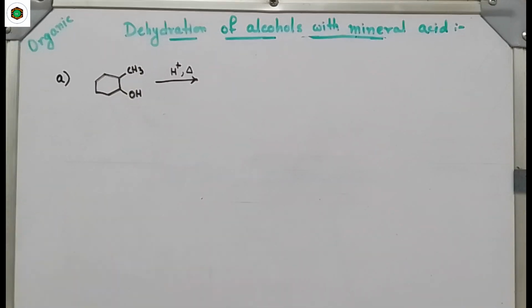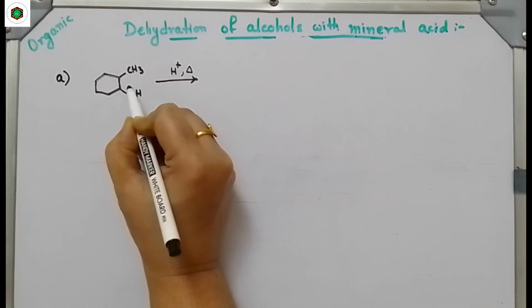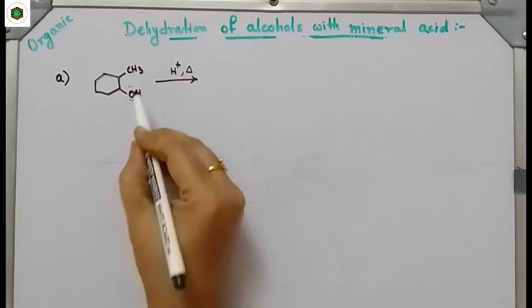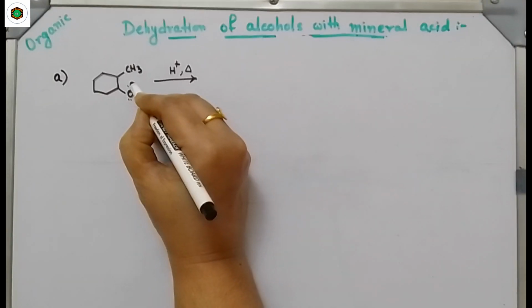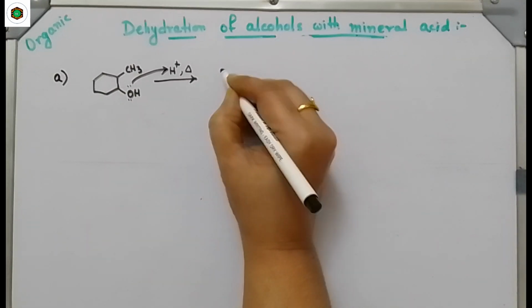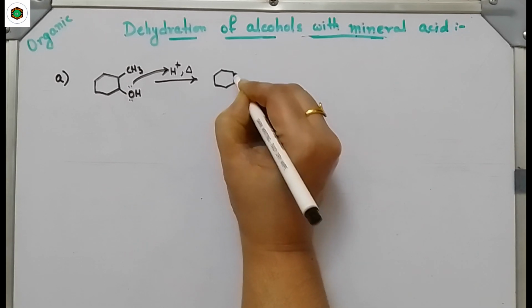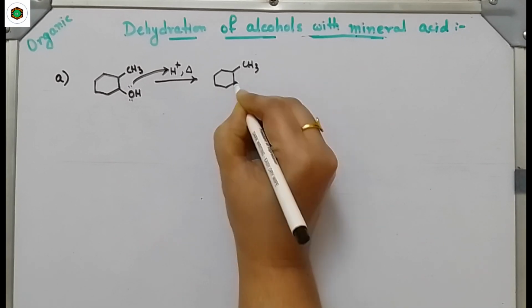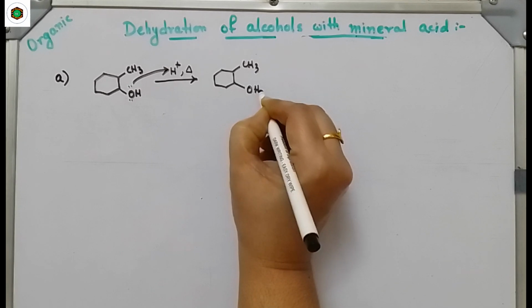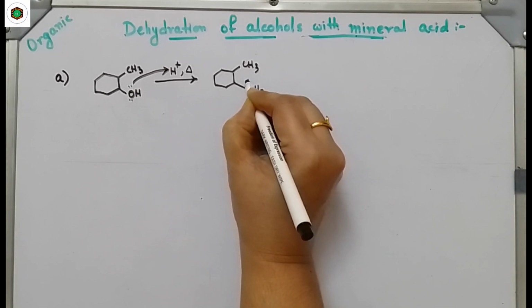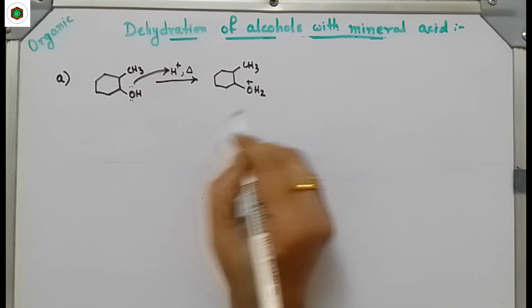Now see the first reaction. On the arrow it is written H plus, heating. So what will happen? Here alcoholic oxygen is having a lone pair of electrons. It will be donated to H plus. So we will get this protonated alcohol.